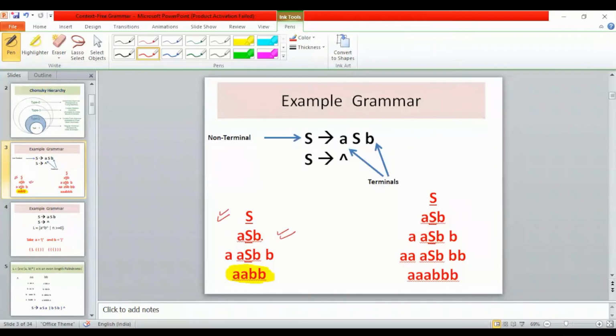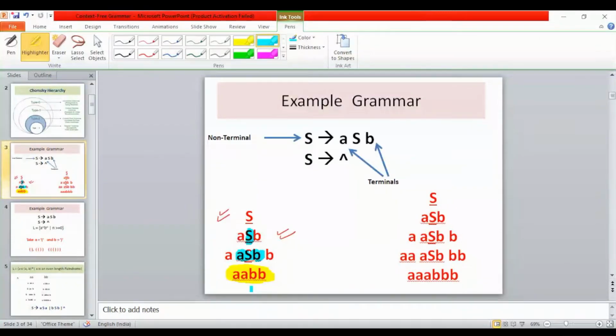Now my requirement is two occurrences of a and two occurrences of b in a specific order. To achieve that, we again replace non-terminal S with aSb, as you can see here. Now we have two occurrences of a and two occurrences of b.